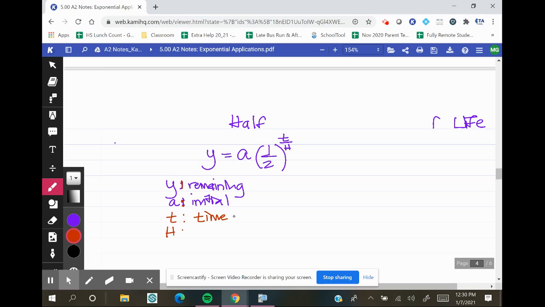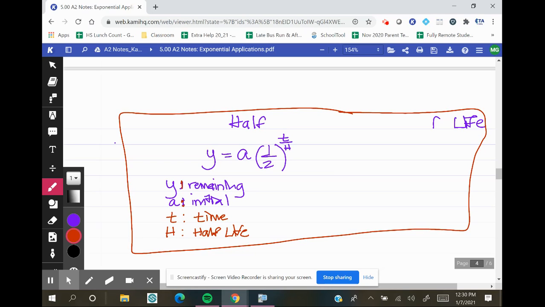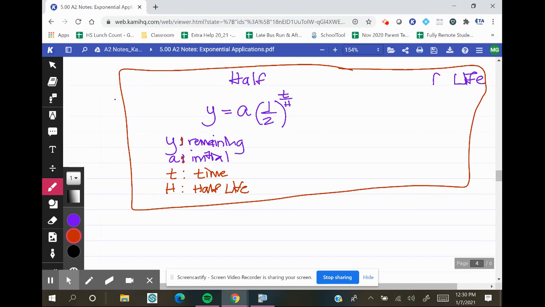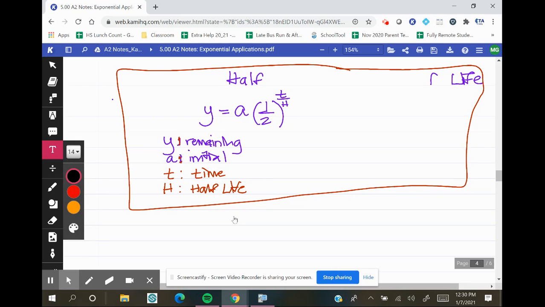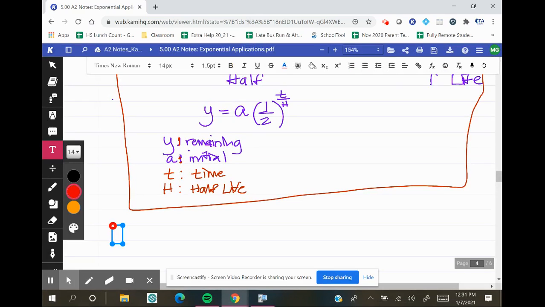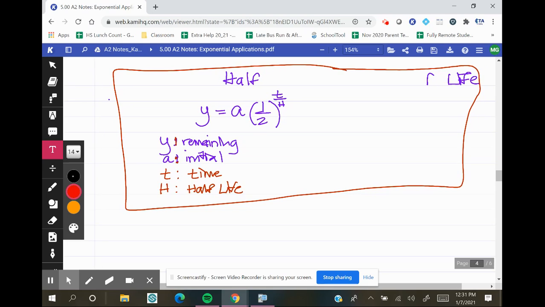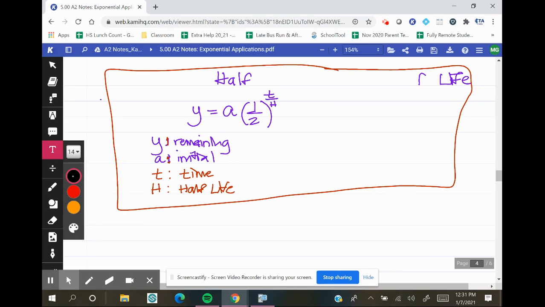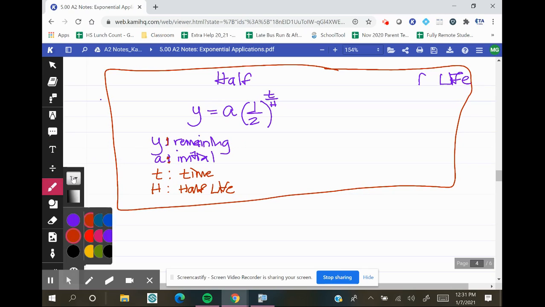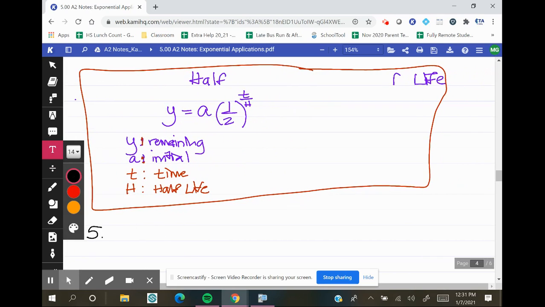And h is your half-life. Okay, so this problem states that, actually, you know what? Maybe I'll try and type this one.